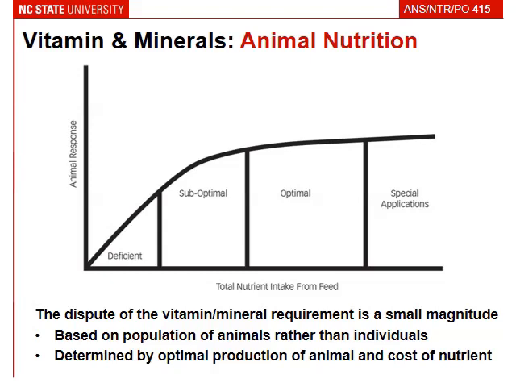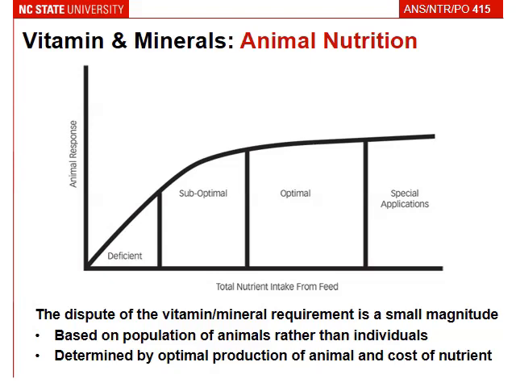It would be too expensive to ensure that each individual animal was hitting its optimal requirement based off of its age, physiological state, inborn errors of metabolism, etc. So therefore, we base it off of the population, knowing that we may have some of them not meeting their optimal recommendation, but we're going to avoid overt deficiencies because we're basing it off of the population.